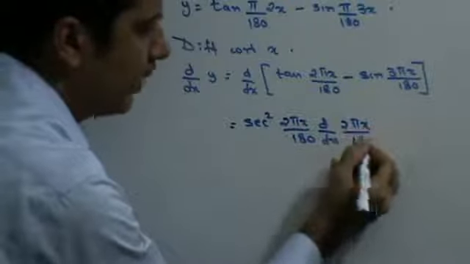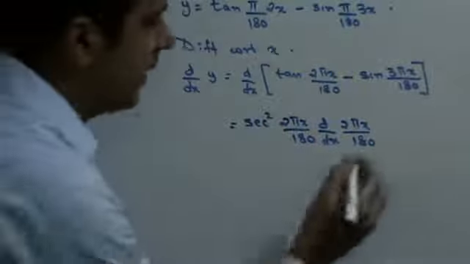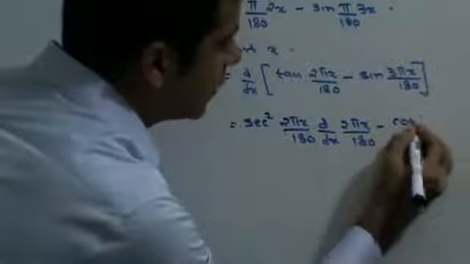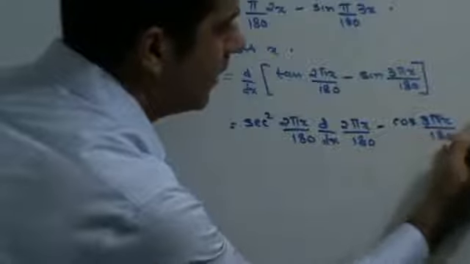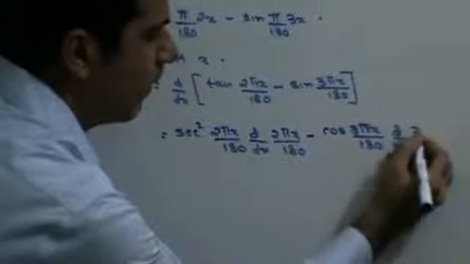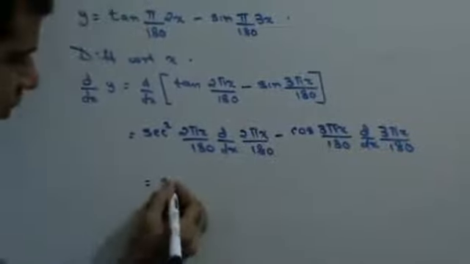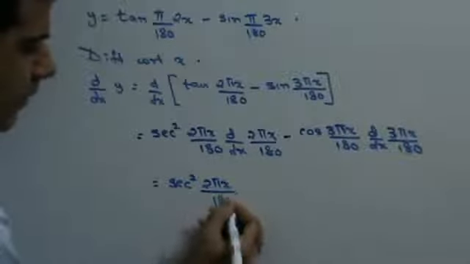Composite formula I am using, right? Because here instead of x you have 2 pi x by 180, minus d by dx of sin u is cos u d by dx of u, right? So this is going to be sec square 2 pi x by 180.